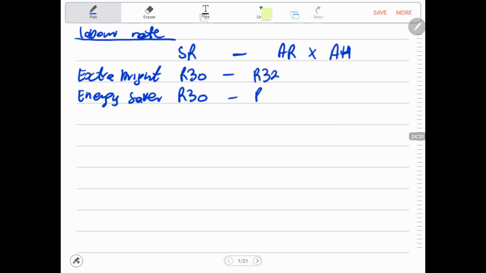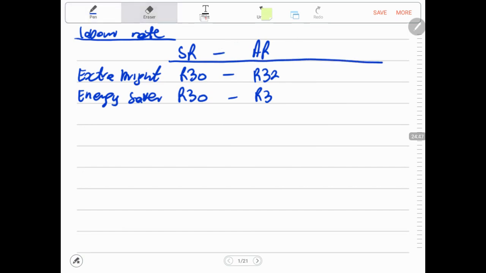And remember, all employees were being paid the same rate. In the case where the rate is not the same, please make sure that you write both of the rates. We have the actual rate here. Then we need to multiply with the actual hours: standard minus actual, times the actual hours.